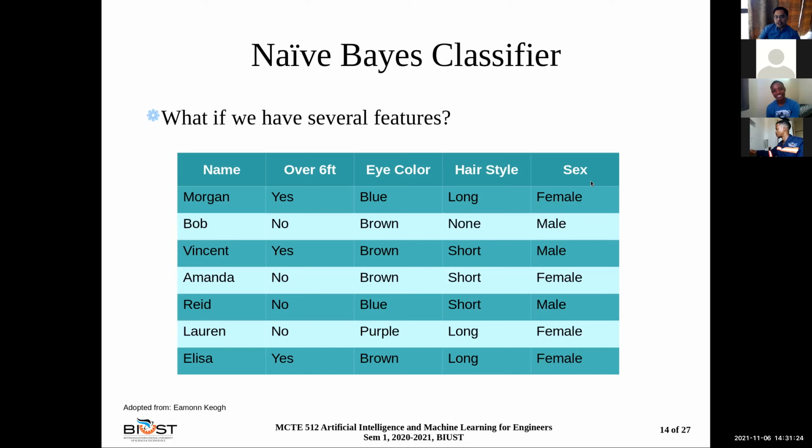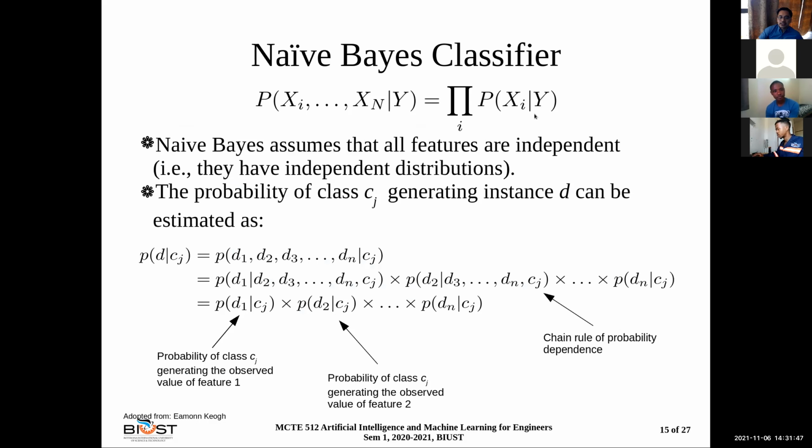Given all this information, we want to know, for somebody with a particular sex, is the person over 6 feet, what is the color of the eye, what is the hairstyle, and what is the sex? Is it most likely Morgan or Vincent or Amanda? In this case, we assume all features are independent.